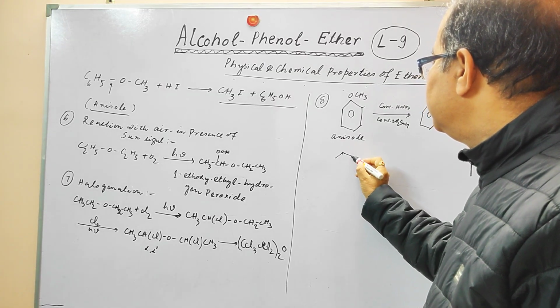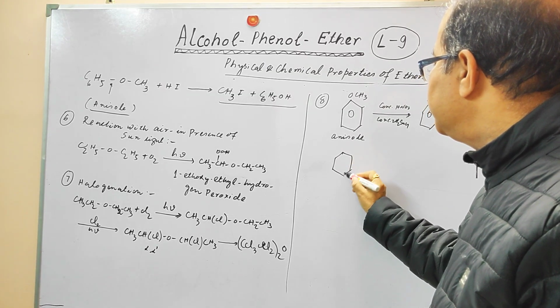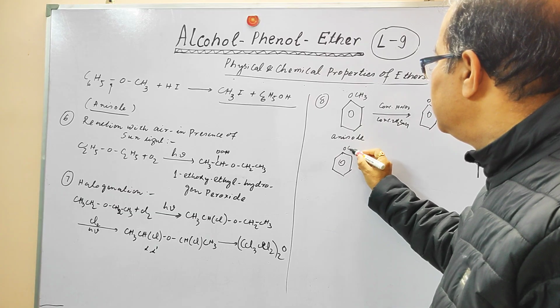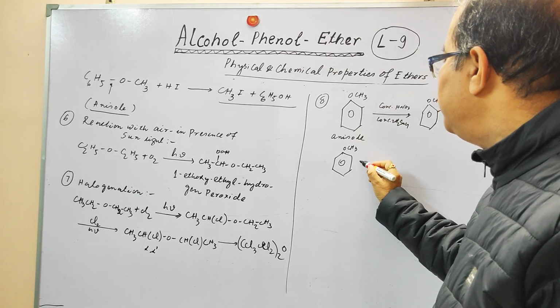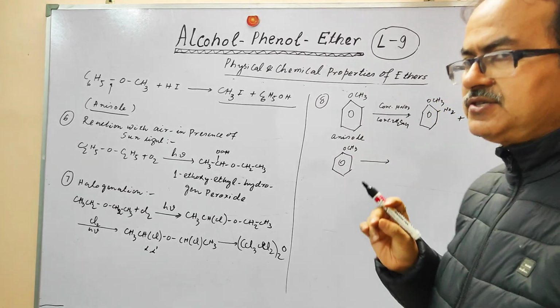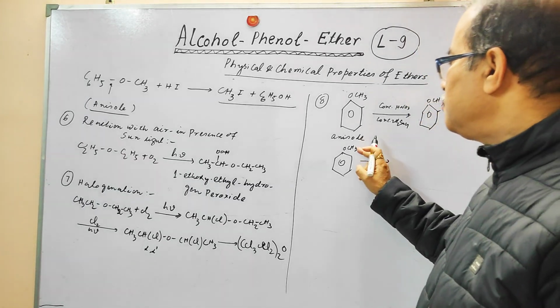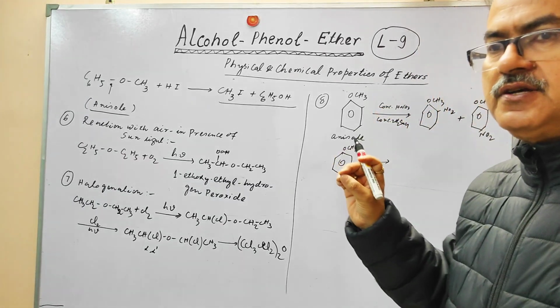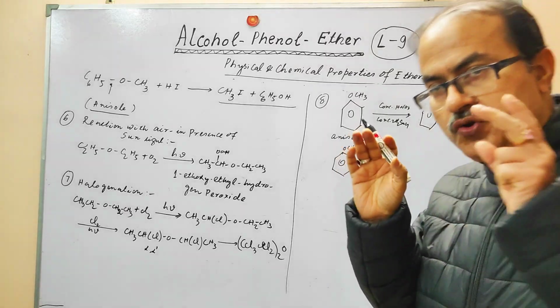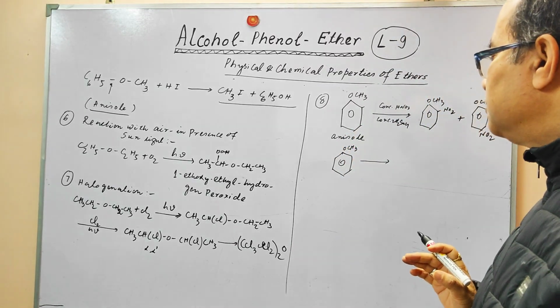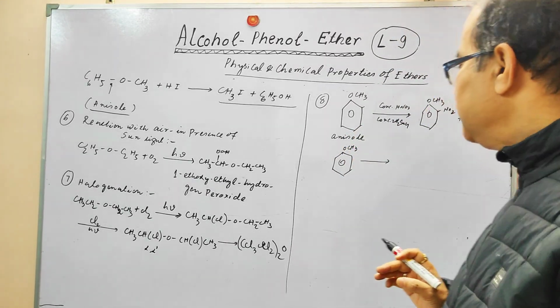Second point, when it is halogenated, in this halogenation reaction we do not require any Lewis acid. That is because the OCH3, the methoxy group, activates the benzene ring. So we don't require any Lewis acid.